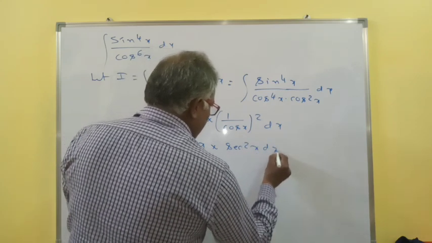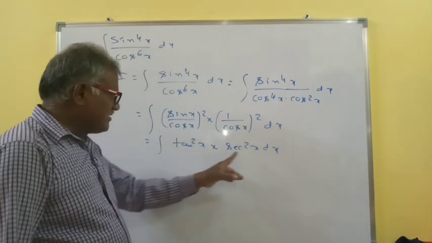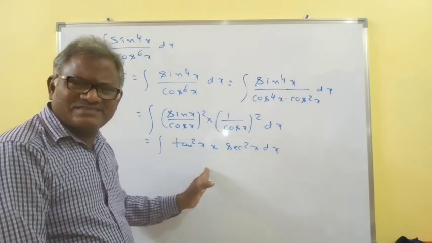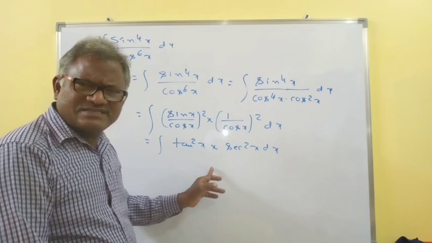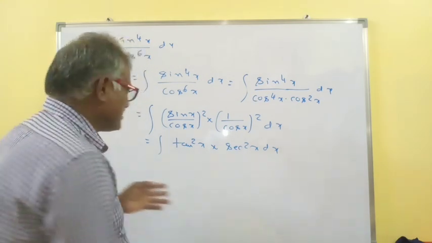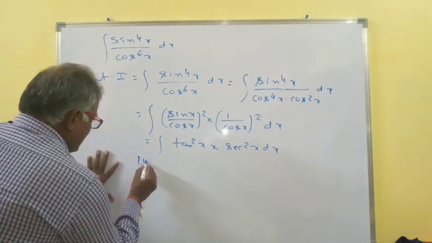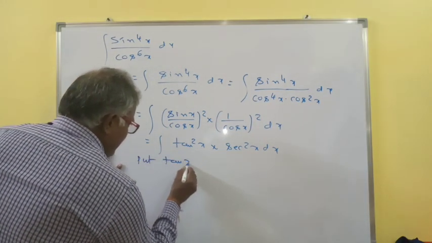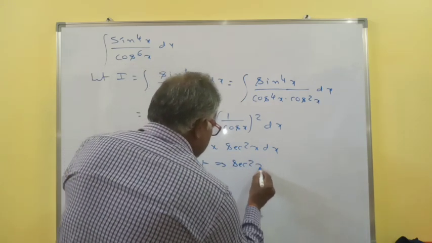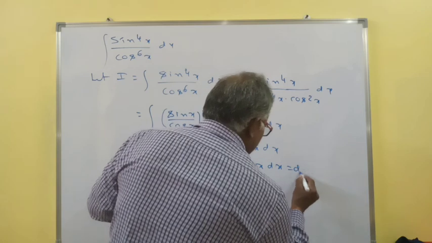Okay. Now clearly the derivative of tan x is secant square x directly. If tan x is there and you put it as t, then directly the derivative is secant square x. That is the substitution. Okay. So put tan x is equal to t. So the derivative of tan x, secant square x dx, is equal to dt.